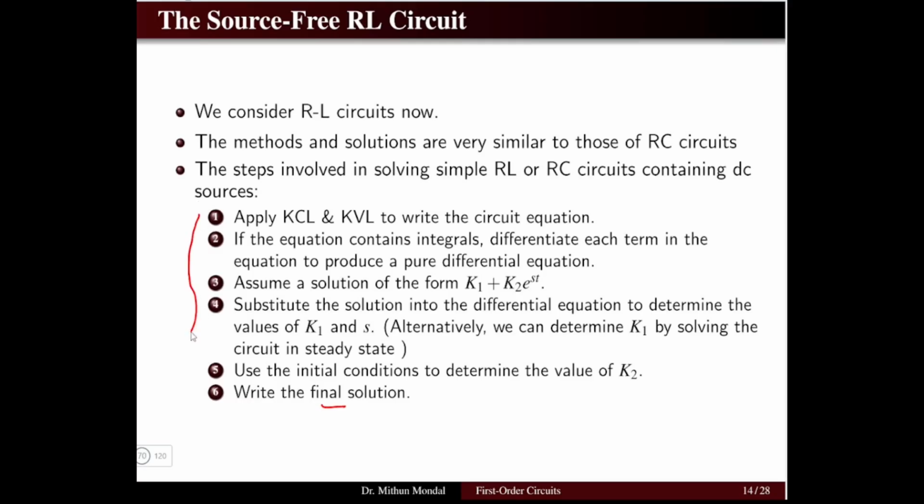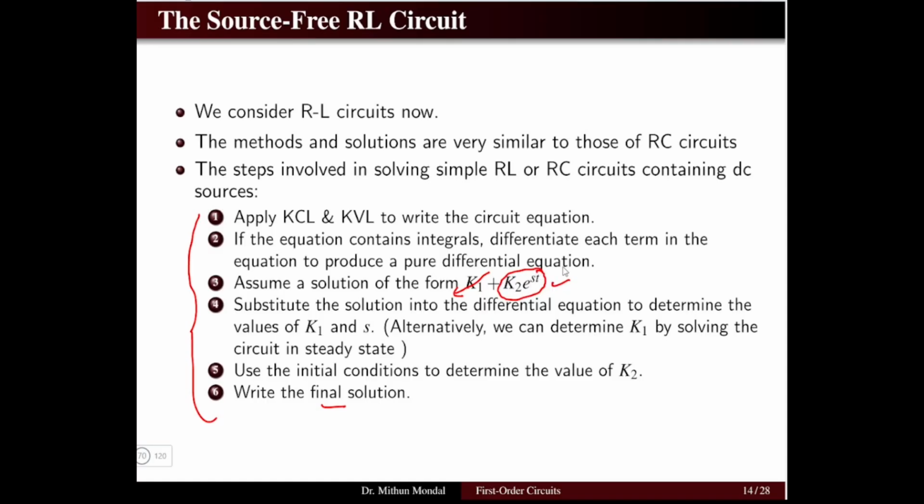So these steps, 1 to 6, are common for the RL circuit or RC circuit, whether the source is there or not. Now if the source is not there, then we will not be dealing with the coefficient k1. Our general solution will be in the form of k2 e to the power st.